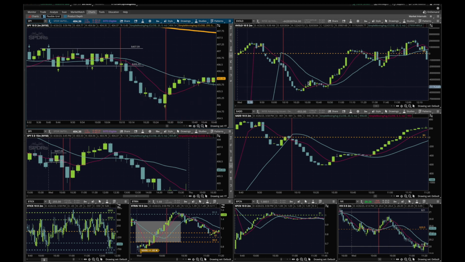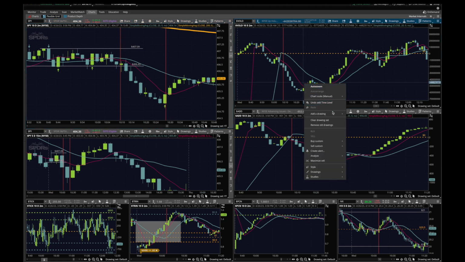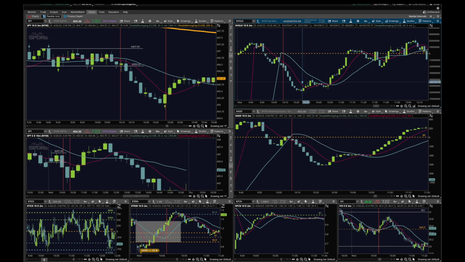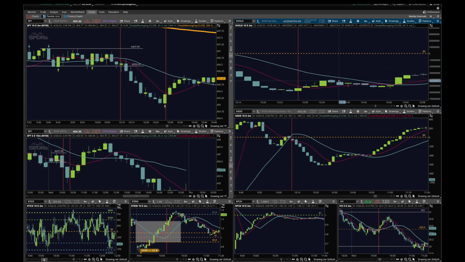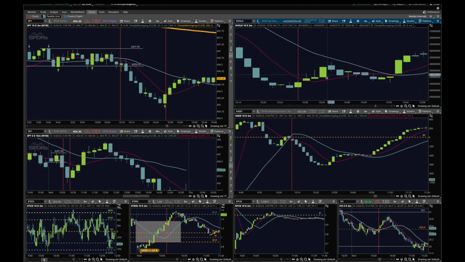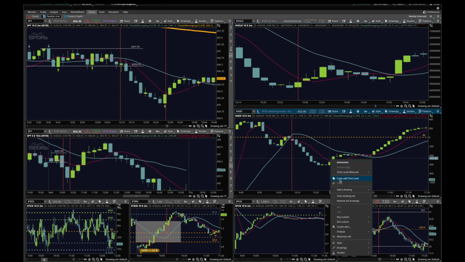So 10:28 over here, we can see the VOLD is roughly displaying the exact same thing that SPY is, right? So we've got these down closing candles, and this candle here is clearing out a handful of candles to the left of it.